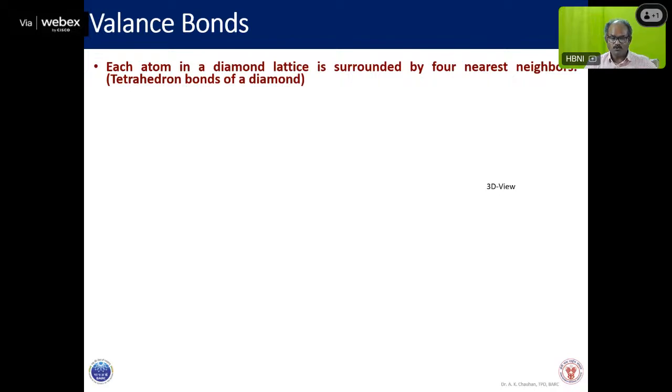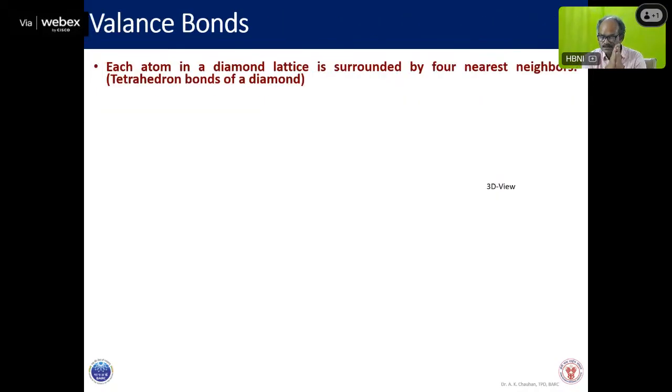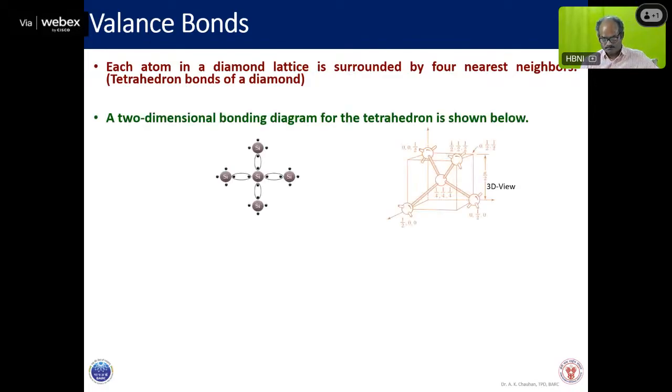Now we come to another important thing. Up to this, the structure is finished. Now we come to a very important thing, that is the valence bond. So now we have silicon. In what form does silicon bond? That is tetrahedral, you see, it is the diamond structure.